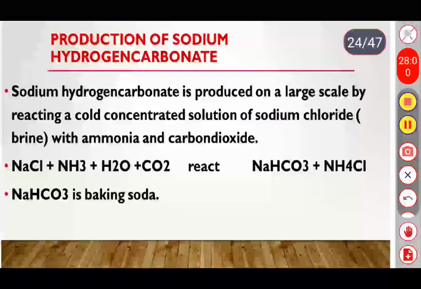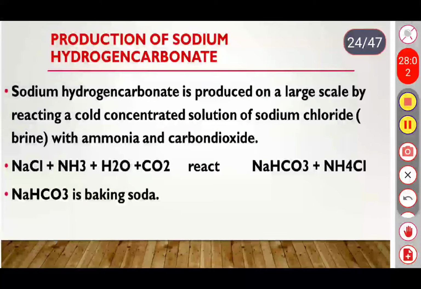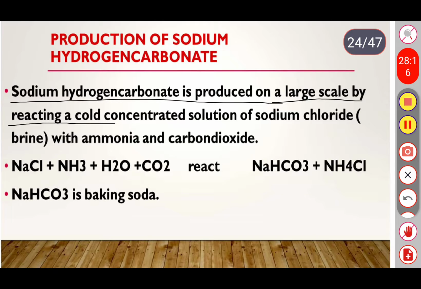Next one, production of sodium hydrogen carbonate. Sodium hydrogen carbonate is produced on a large scale by reacting a cold concentrated solution of sodium chloride. Sodium chloride solution is also called brine.